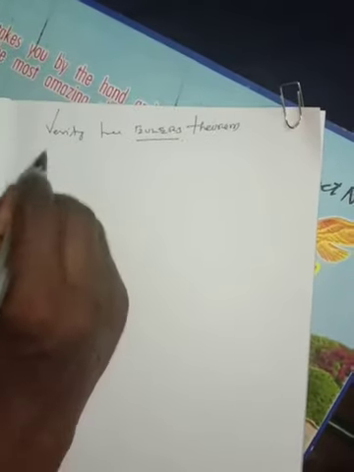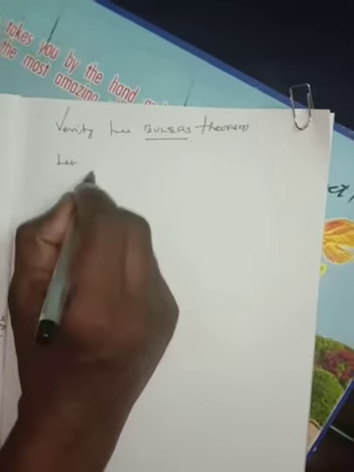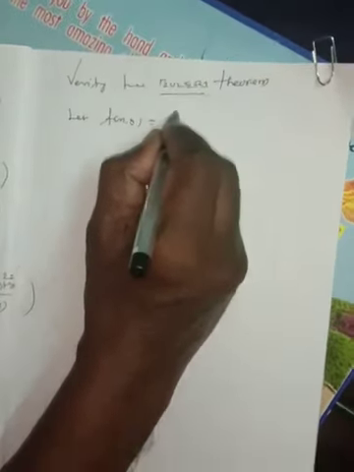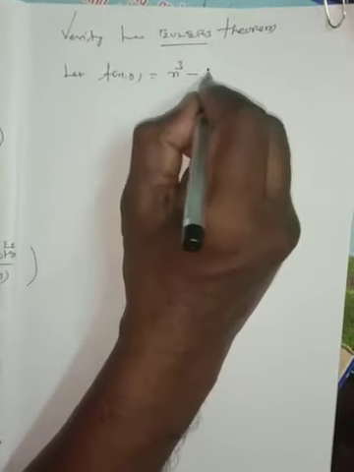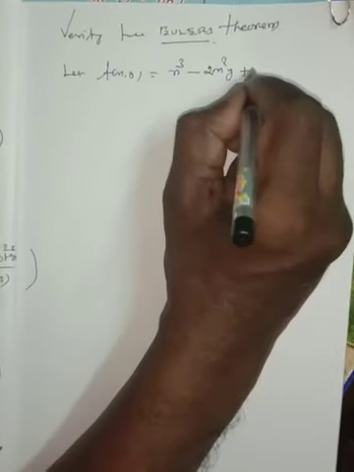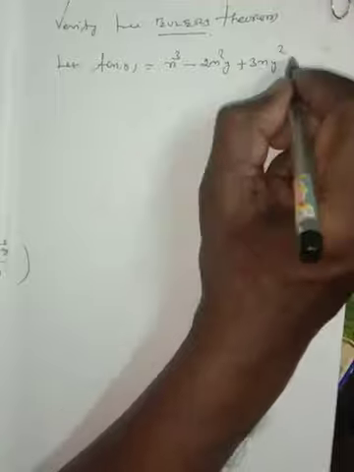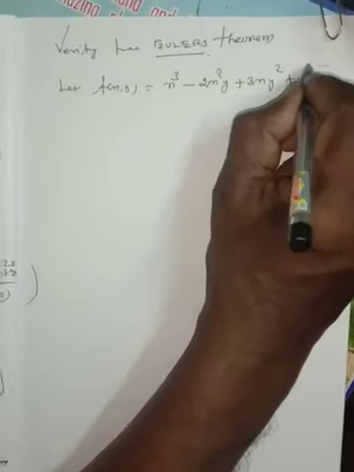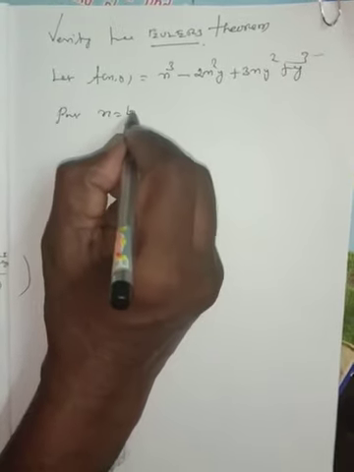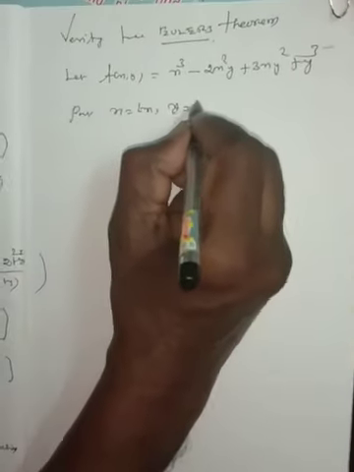Let f of x, y is equal to x power 3 minus 2x square y plus 3xy square plus y to the power of 3. Put x is equal to tx, y is equal to ty.